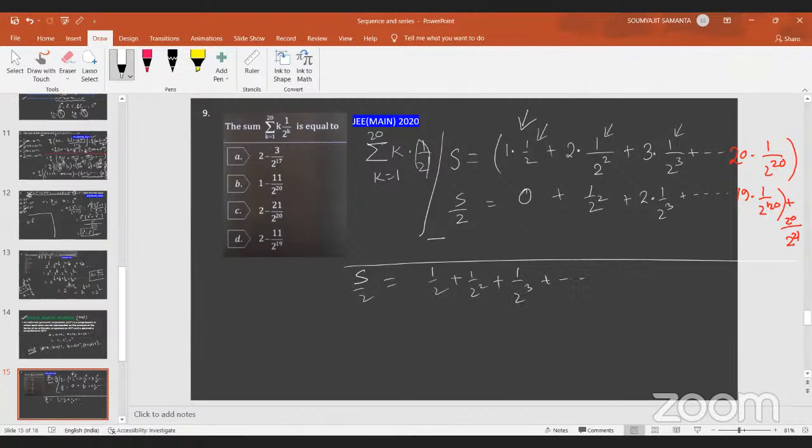Plus continue, and this will become 20 minus 19, that will become 1 by 2 power 20. And then, since this is getting subtracted, this will become minus 20 by 2 power 21. Clear?